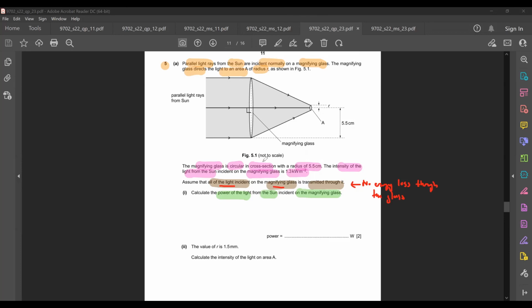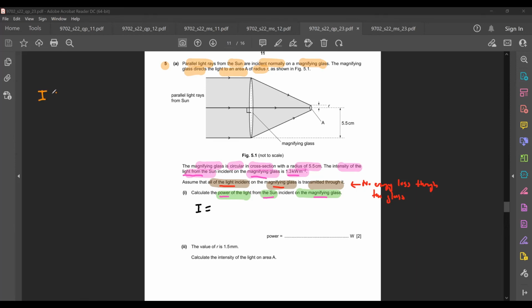So this one actually kind of makes use of your definition of intensity. Power of light from the sun incident on the magnifying glass. The intensity of light on the magnifying glass was already given to you as 1.3 kilowatts per meter square. So if you recall from the notes, intensity is actually either two definitions.